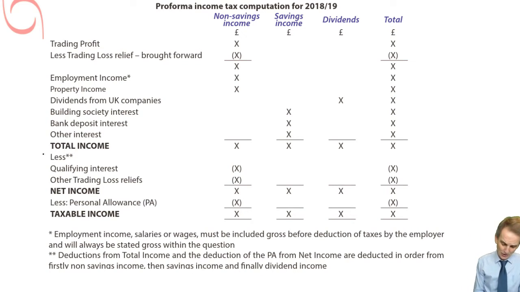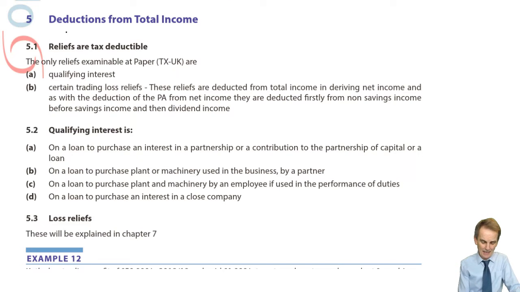And that then brings us down to total income, from which this is where the deductions from total income, this note that we see here, deductions from total income, come in.